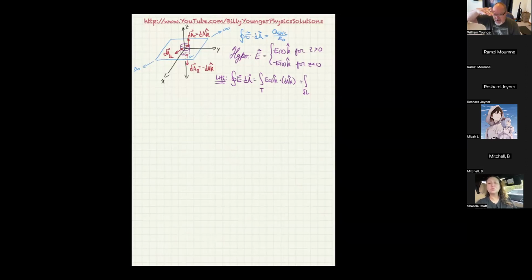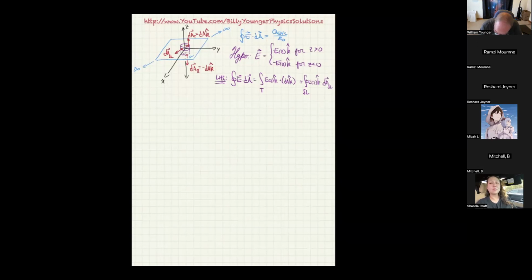So the top is the top of the can, the bottom is the bottom of the can, and the outer surface of the cylinder is the soup label. That's going to be plus or minus E of Z K hat dotted with dA soup label.